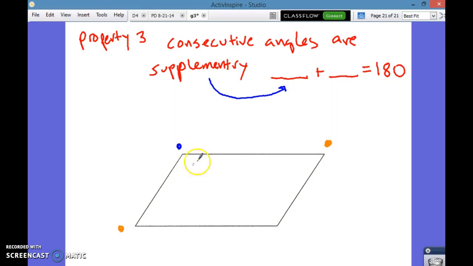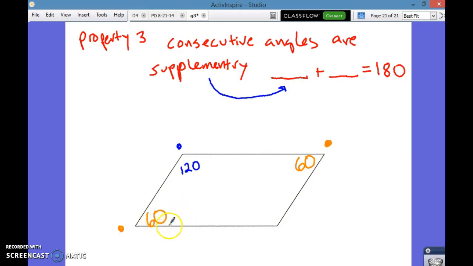So if I knew that this angle was 120, what would the measure of this angle be? It would be 60. Thank you, Malik. And also, since we know that these are also consecutive, this one should also be 60.